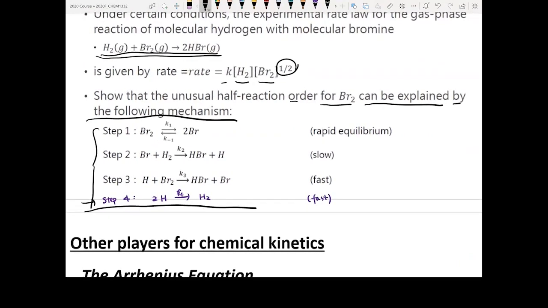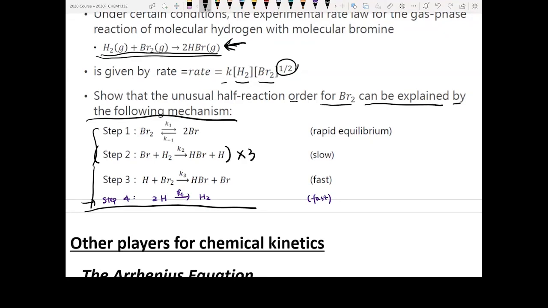So remember the 4 steps we talked about. The first step is that when you add up all your elementary steps, you want to get back to your balanced equation. When you add these things up, you'll realize it did not get back to this. So what you need to do is multiply by 3 here.